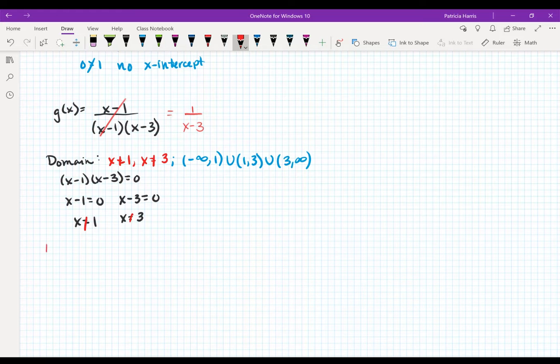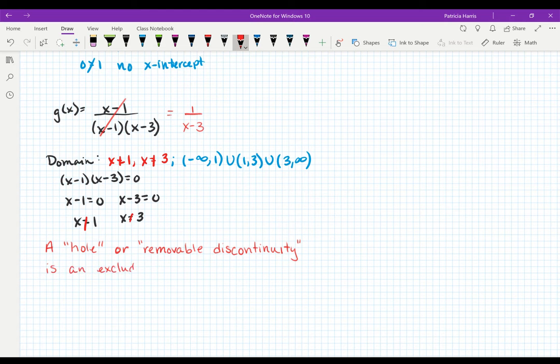So a hole, or this one sounds fancier, removable discontinuity, is an excluded value whose factor can be divided out.